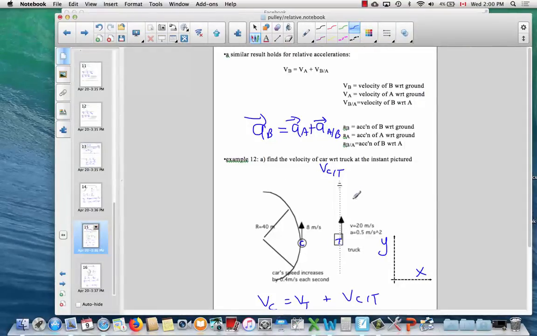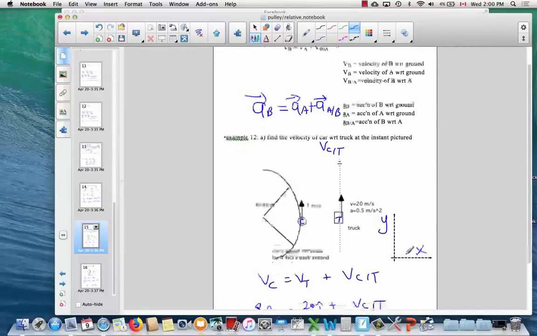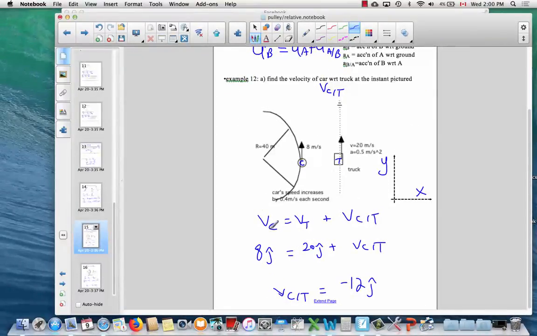Alright, so here's the solution for you. So first of all, set up a coordinate system, and then better put vector signs on those. We want car with respect to truck, so we set the equation up this way, we get minus 12j in meter per second units. For the velocity. The acceleration, a little more tricky.